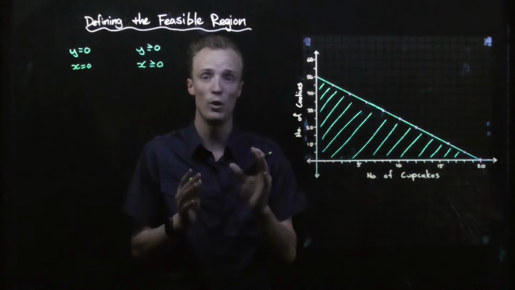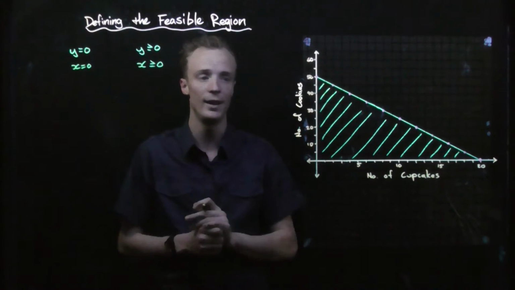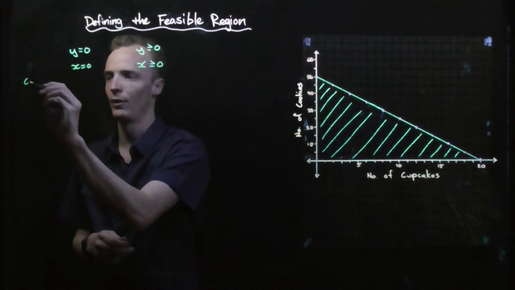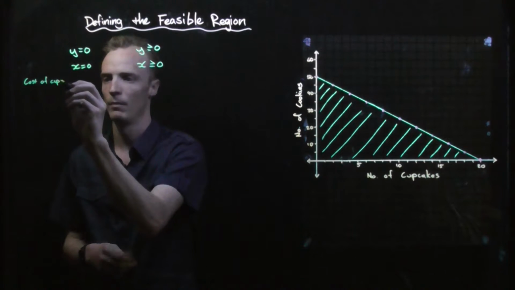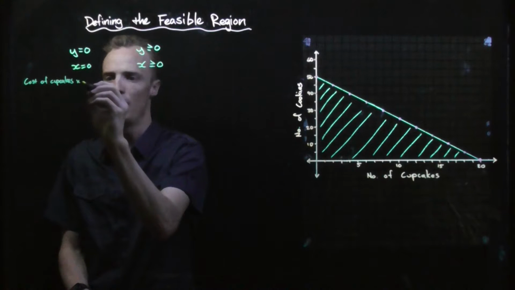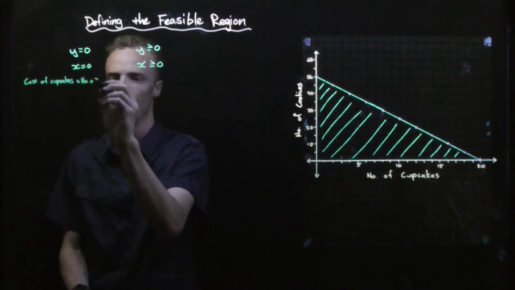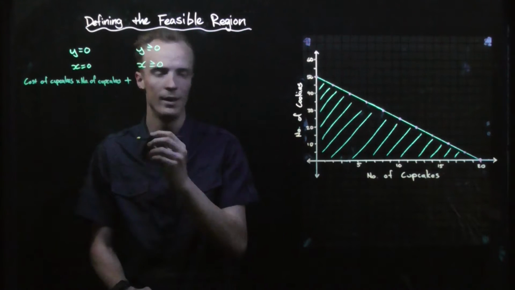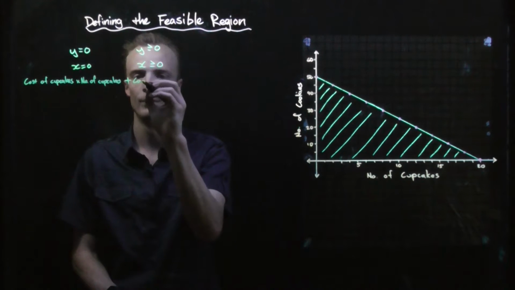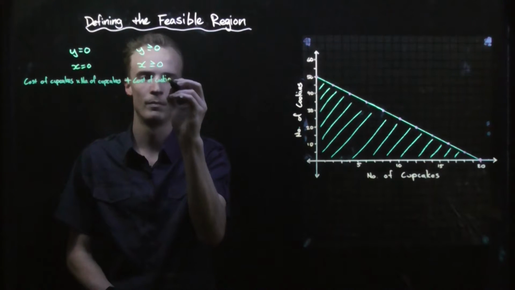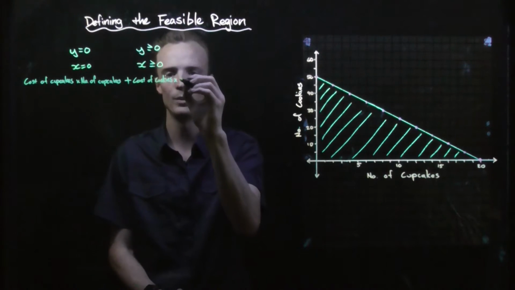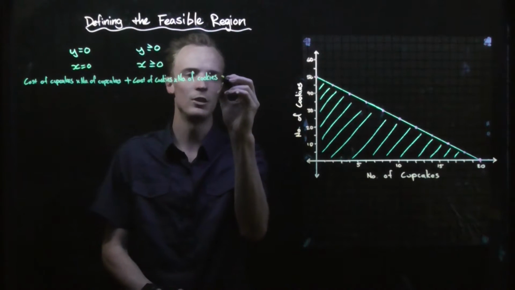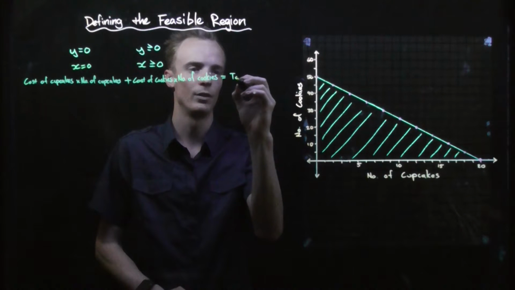Now, if you're trying to work out how much the total cost is, what you need to do is take the cost of cupcakes and multiply it with the number of cupcakes. And then add that with the cost of cookies, and multiply the cost of cookies with the number of cookies. And when you do that, it'll give you your total cost.